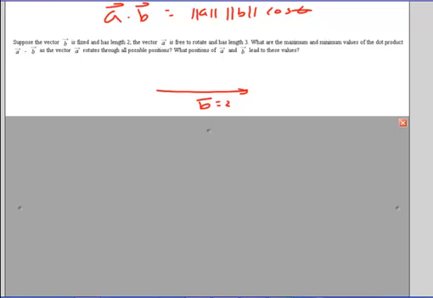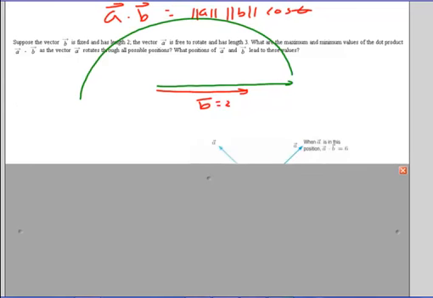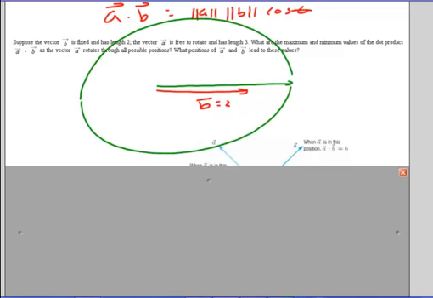And a could be here or anywhere in a circle. So when will it be biggest? Well, it's going to have a max value when cos of theta equals 1, because that's cos of theta's max value, which means that theta equals 0.